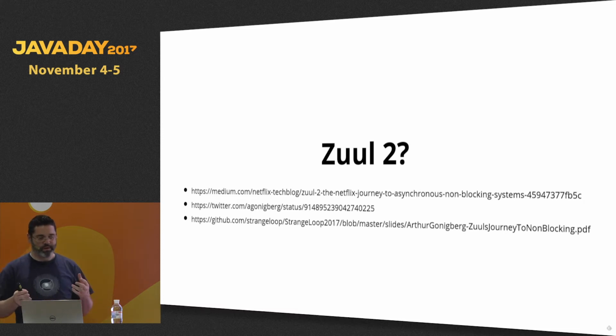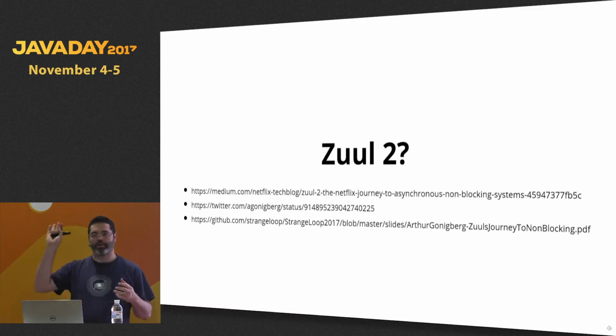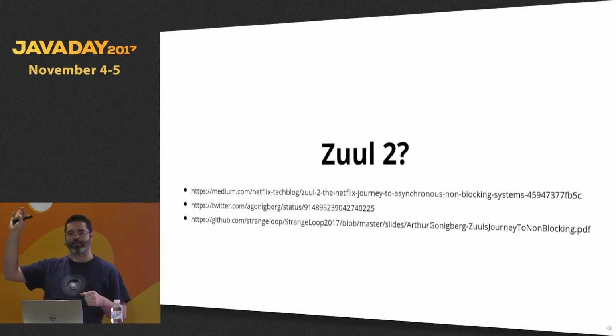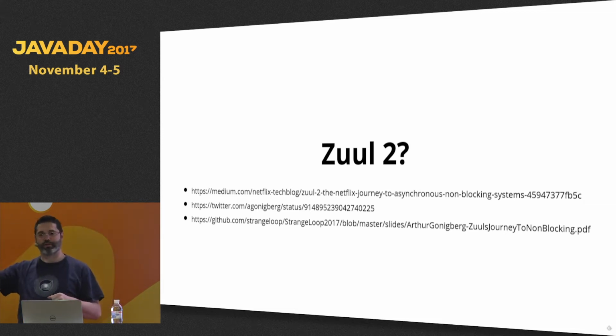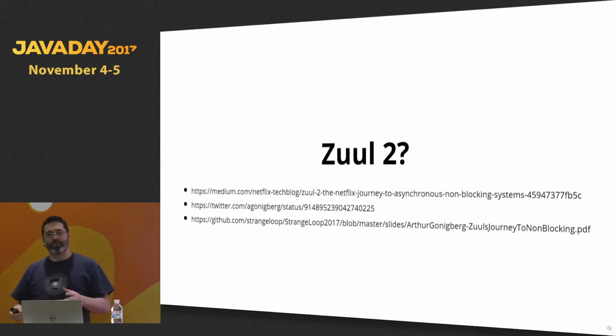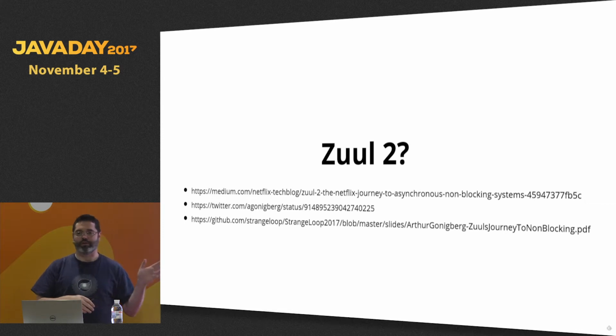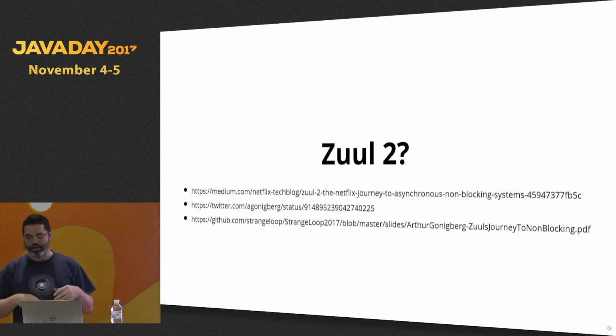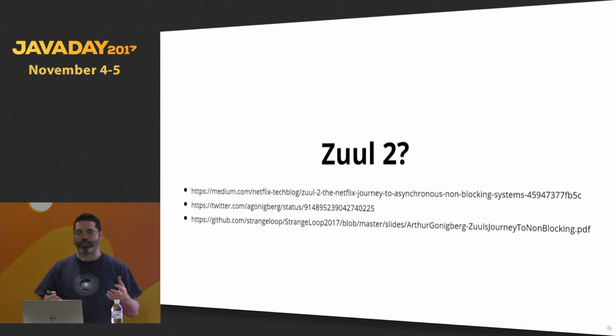And we needed something. Who was in Stefan's talk about Reactor and WebFlux? So we needed something that would work with those technologies and provide solutions to some of the problems that exist in Zuul.